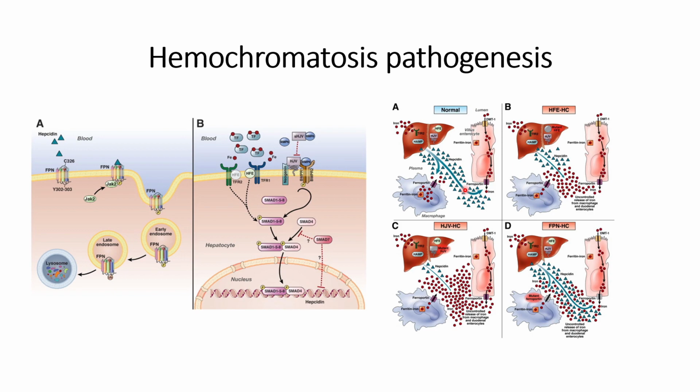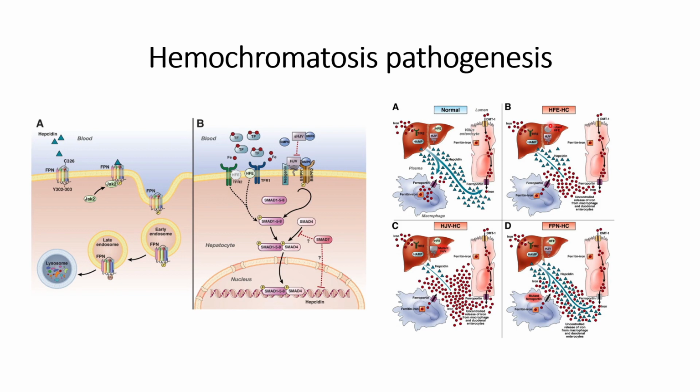If HJV, HFE and FPN are functioning normally, FPN is ferroprotein, so this hepcidin will bind to the ferroprotein receptors and prevent the overloading of iron content in the extracellular matrix.